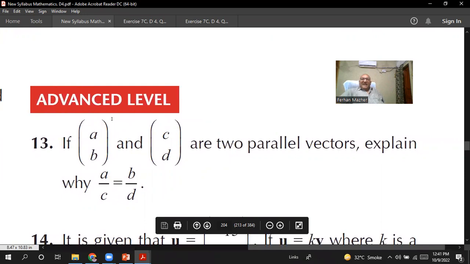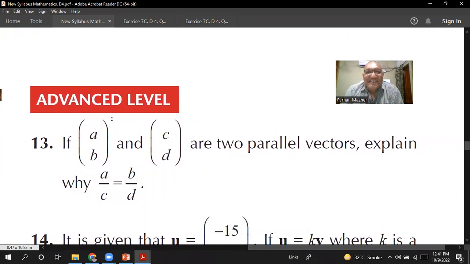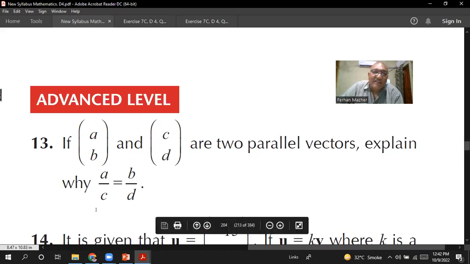From exercise 7C, in the Oxford University Press book it is chapter 7, and in the Shinglee publisher's book it is chapter 5. The questions are exactly the same. These are column vectors of two vectors, and they say these two vectors are parallel to each other, explain.